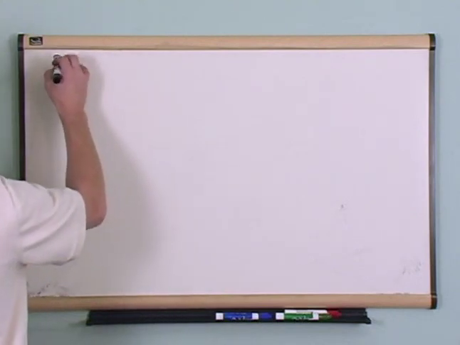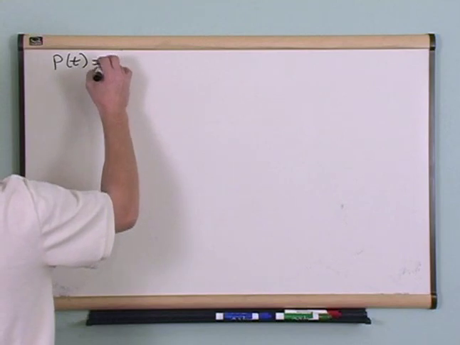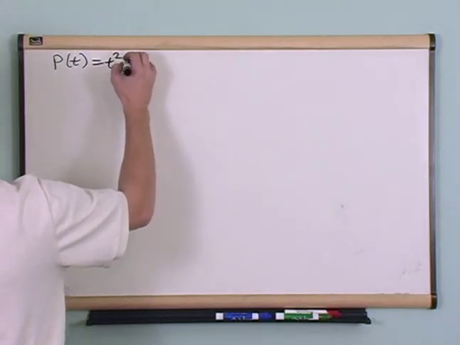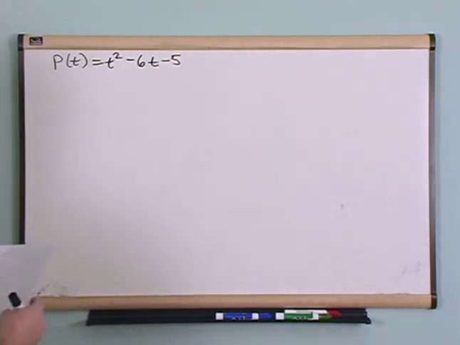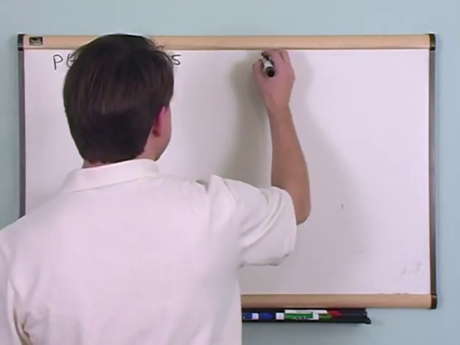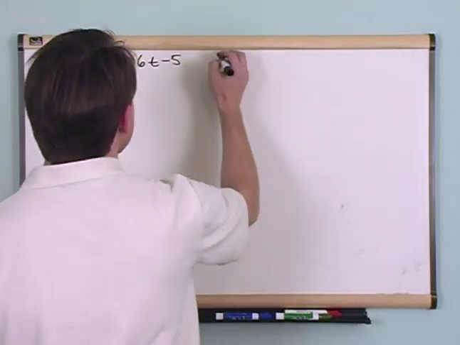So let's say you have a function p of t, it could be the position of something, and that's equal to t squared minus 6t minus 5. Now, for your benefit, I'm going to write the definition of the derivative over here, because I know you probably haven't memorized that.